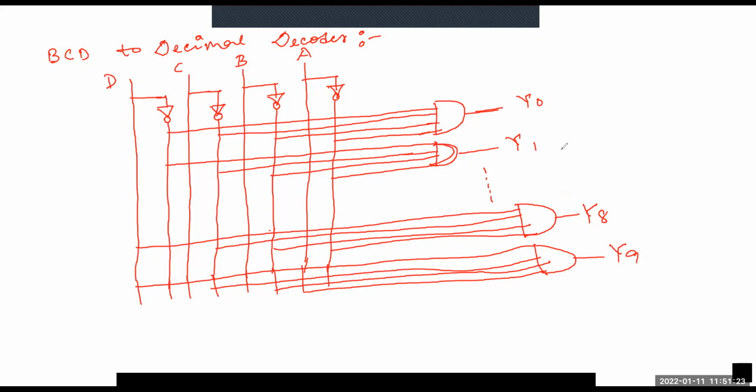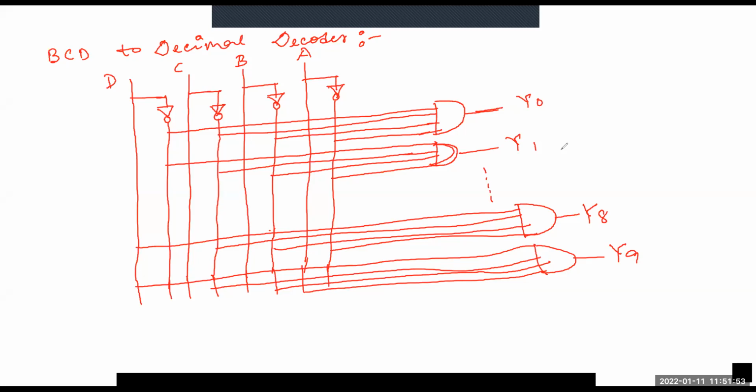This is the logic diagram of the BCD to decimal decoder, and here you can see the AND gates are involved, and each output goes high when its corresponding BCD code is applied at its input. I implemented this logic diagram based on the truth table. You just observe the truth table from the internet.